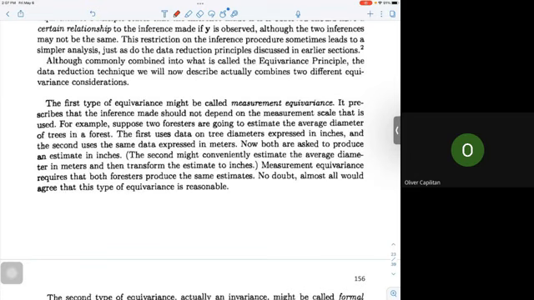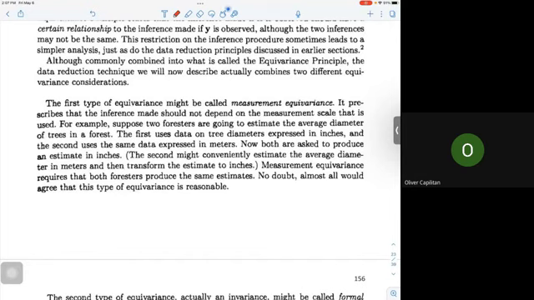It should not depend. So for example, suppose two foresters are going to estimate the average diameter of trees in a forest. The first forester uses data on tree diameters expressed in inches, and the second uses the same data expressed in meters. Now both are asked to produce an estimate in inches.